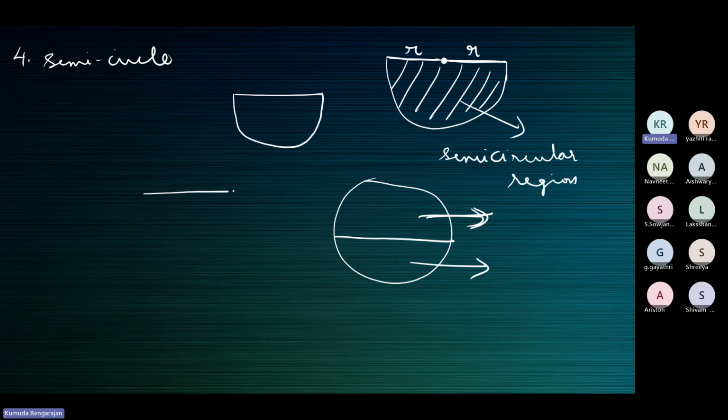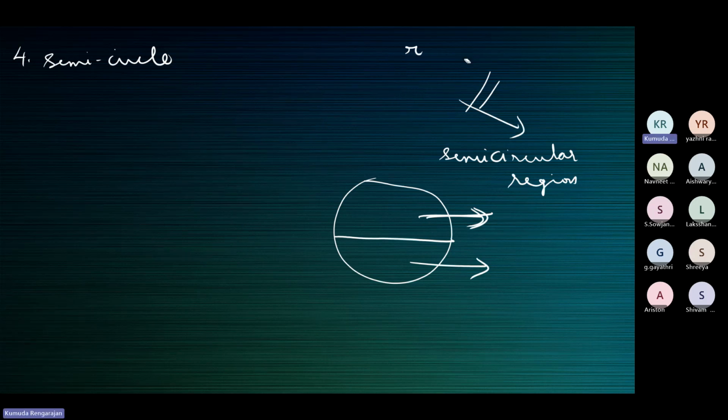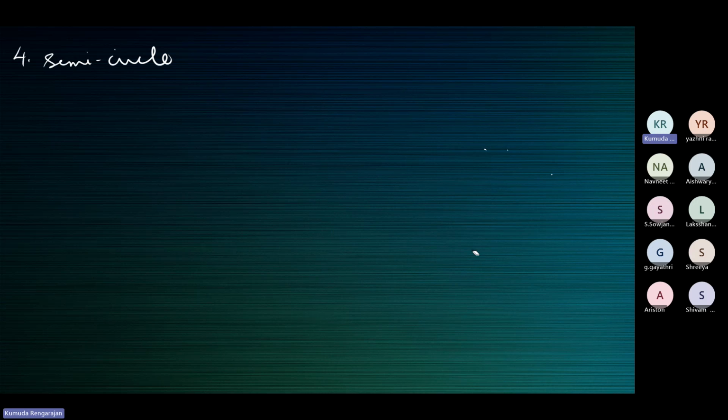We see two things: one is the diameter of the semicircle or the circle, and then this one is half the circumference of the circle, half the length of the circle. So the area of a semicircle is given by the formula half into pi r square.